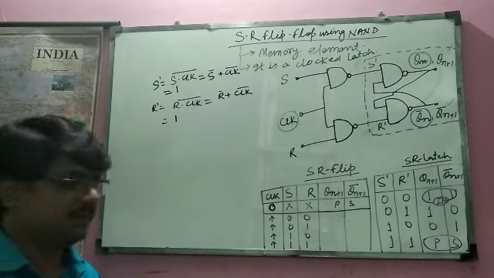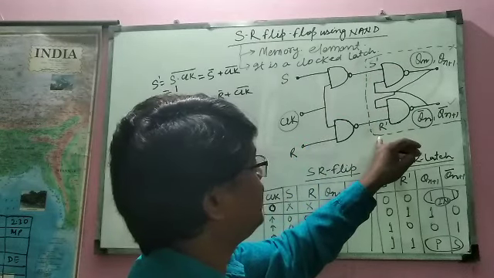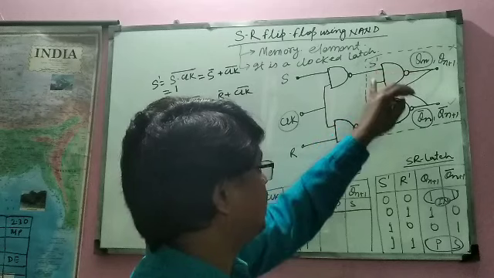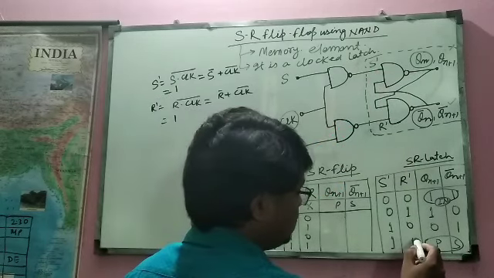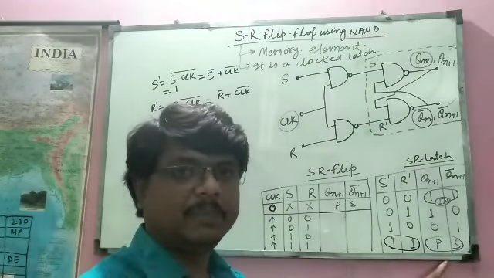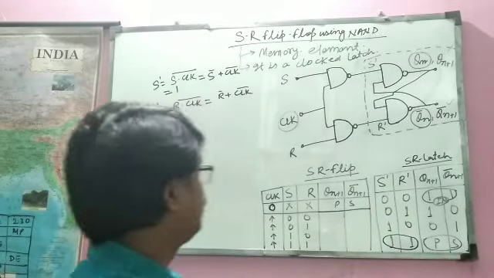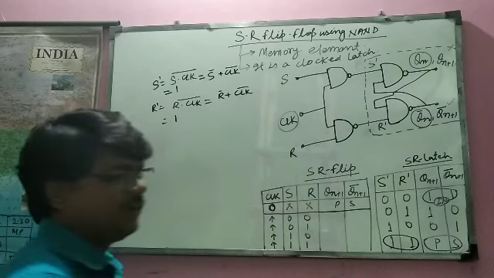See the case here, when it is 1 and 1. In the previous class we have already learnt that if S dash is 1 and R dash is 1, both of these being 1, the output will remain in the previous state. So we can directly write that it will remain in the previous state.